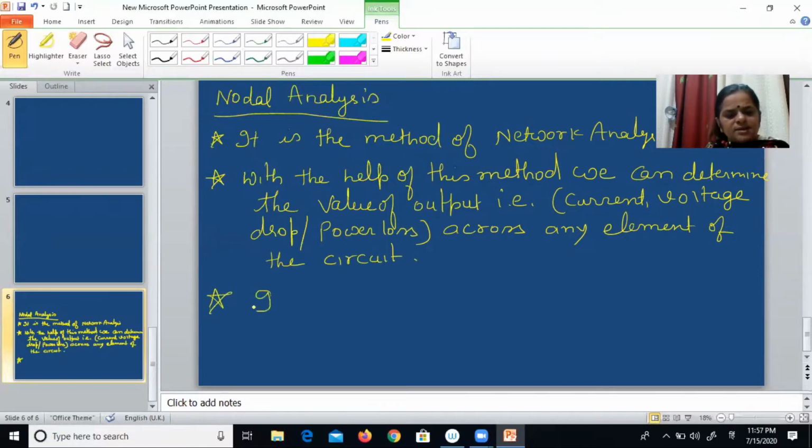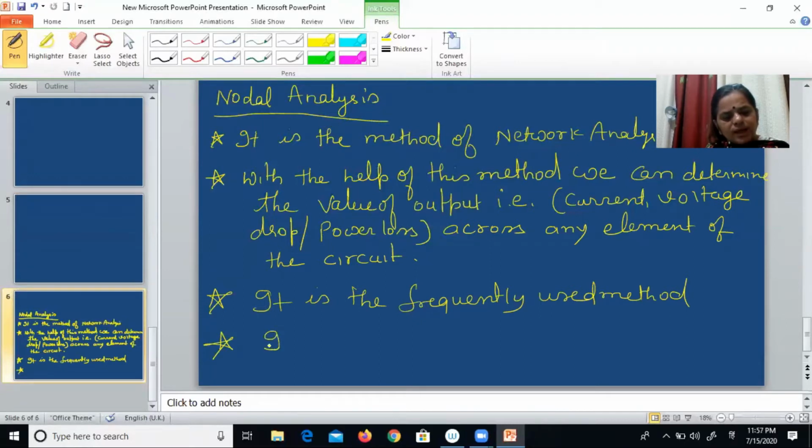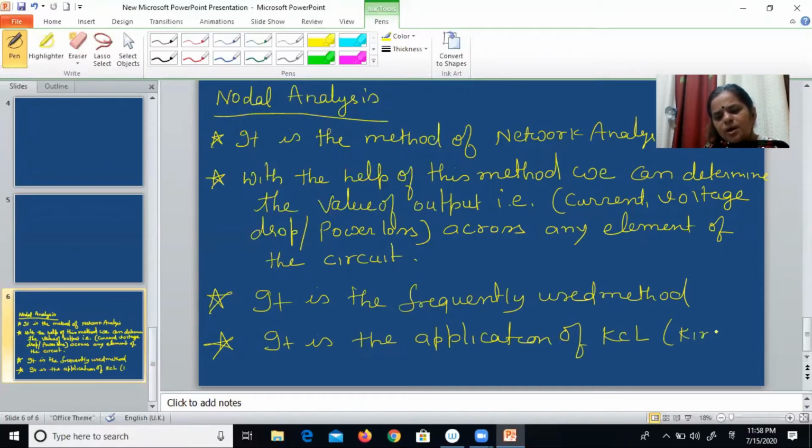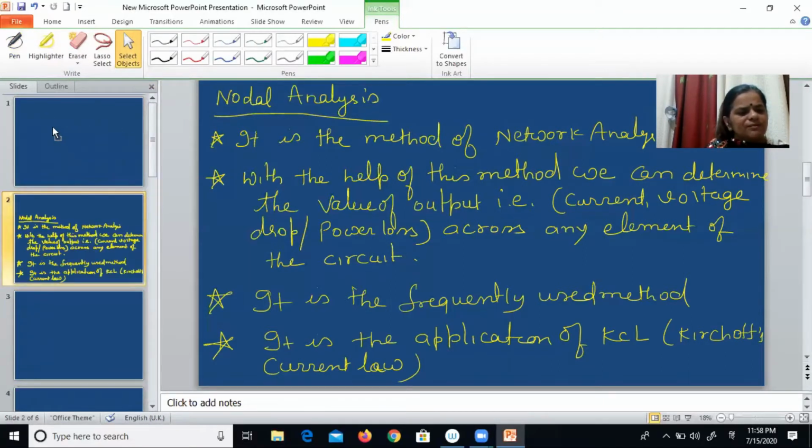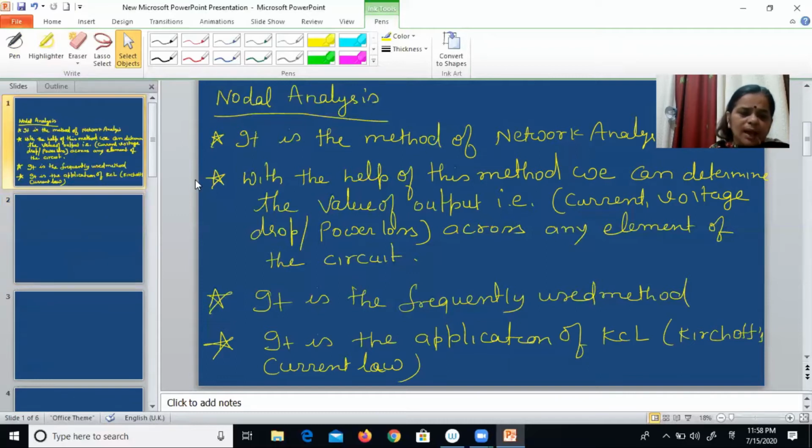The third thing is, it is a frequently used method. And the very important thing is, it is an application of KCL, that is Kirchhoff's current law.